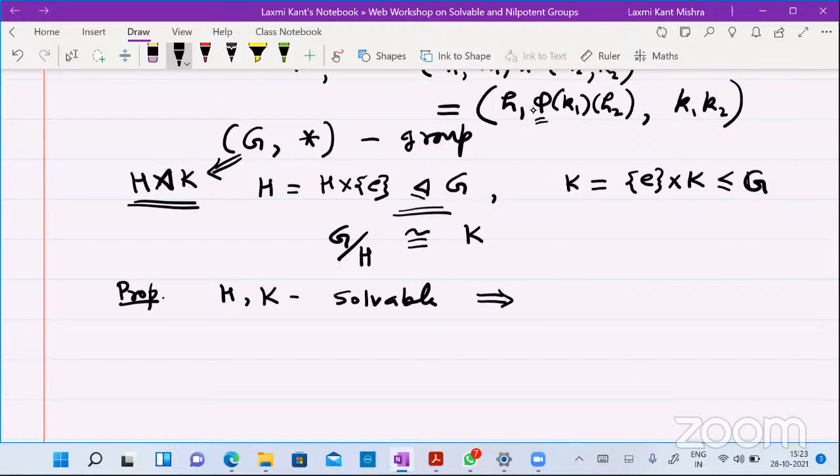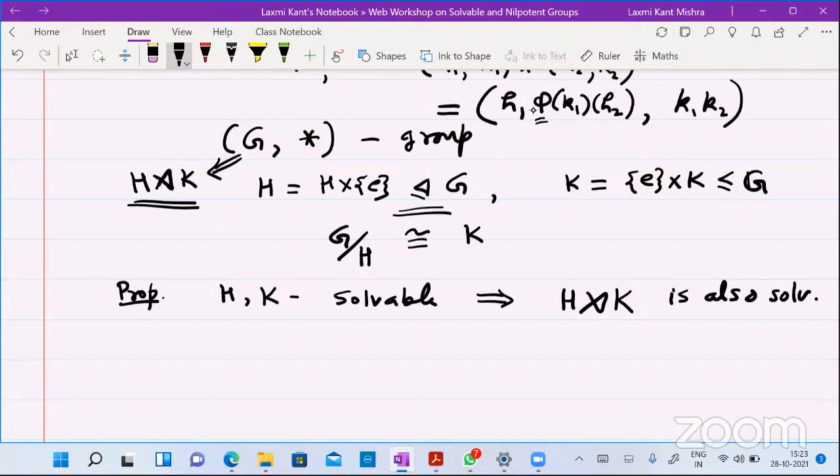This triangle tells which one is normal, H or K. Here H is normal, so this triangle is telling that. So if H and K are soluble, then their semi-direct product is also soluble.